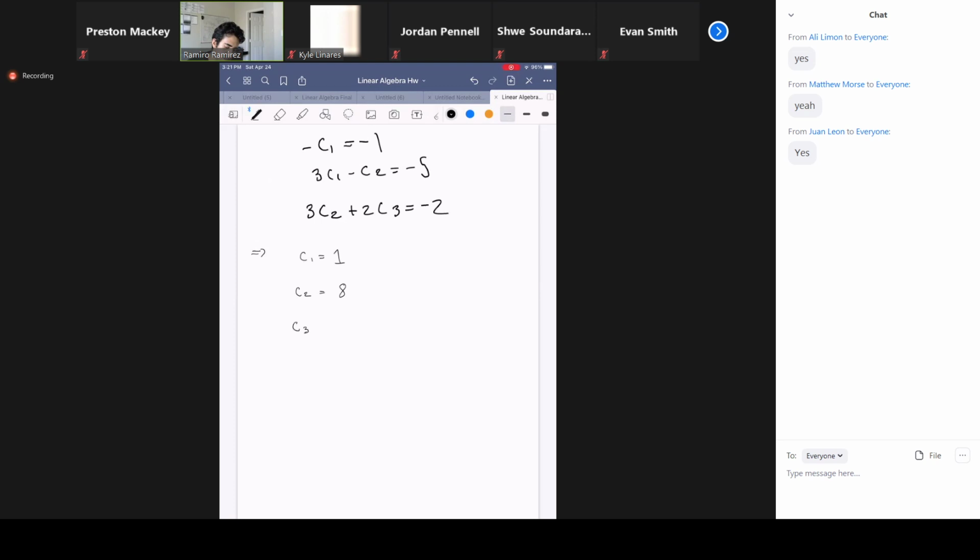And C3 is going to equal, hold on, if I plug it in, I'm going to get minus 13. So the matrix M with respect to the basis B is going to have coordinates 1, 8, minus 13. And this is the answer right here. Okay. Any questions?